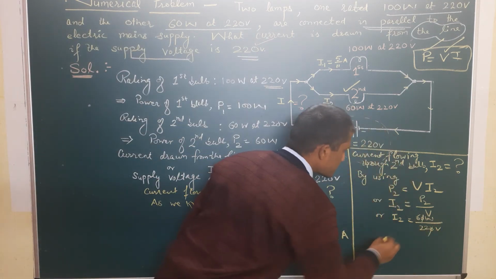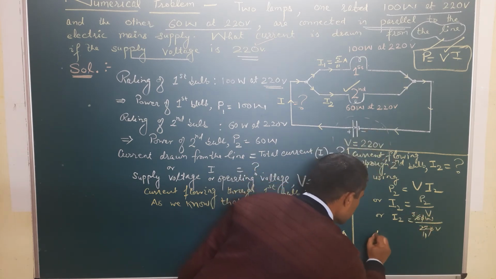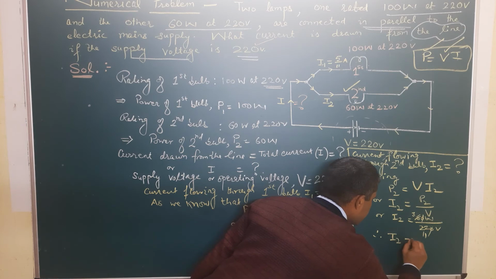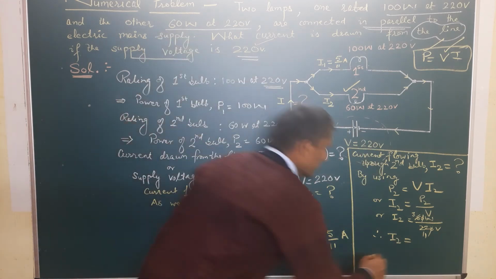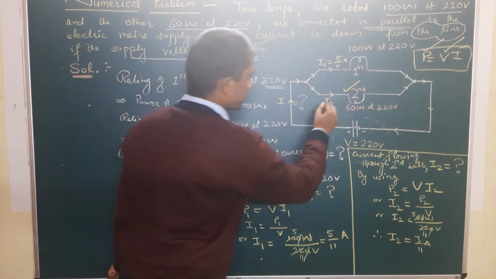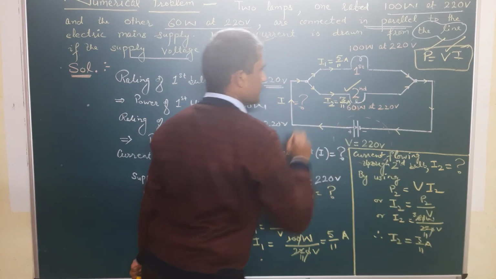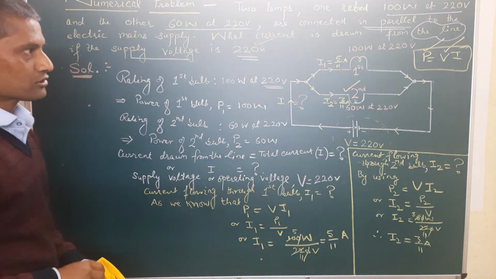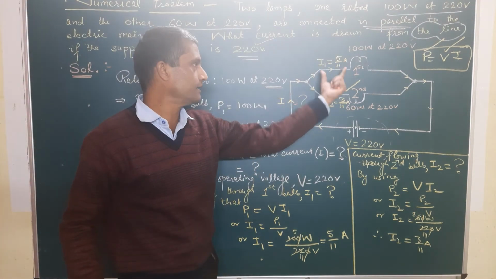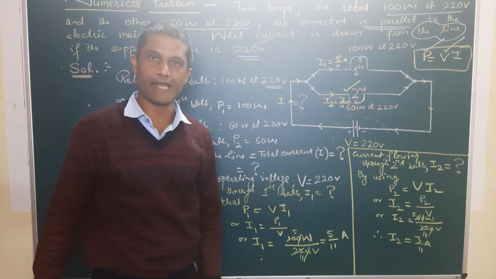So the zeros cancel, it is 3 and 11. Therefore I2, the current flowing through the second bulb, is equal to 3 upon 11 ampere. So we got both the currents here: I1 is 5 upon 11 ampere, I2 is 3 upon 11 ampere.